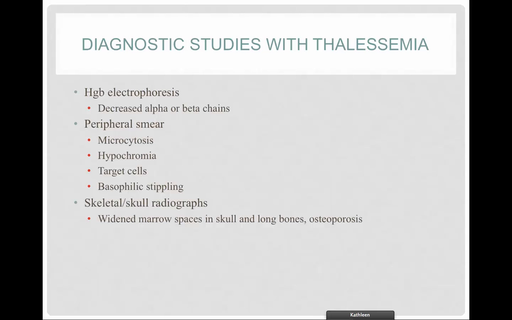You can also have basophilic stippling, and that is not normal. That is looking at the morphology and saying that there's stippling or target cells. Those are very abnormal cells. Target cells are also associated with hemoglobin C disease. They can have skull x-rays, which show widened marrow spaces in the skull, long bones, and osteoporosis with thalassemia.